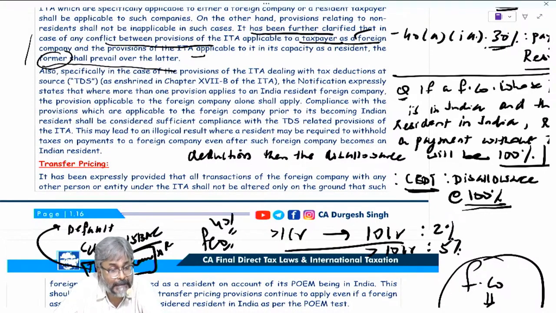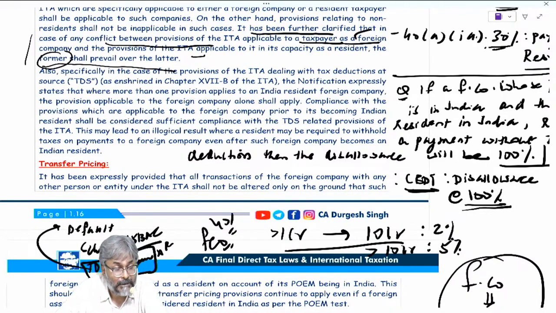So therefore, for the default scheme of 115BAC, the total income will be computed in this particular manner. Many provisions will not be available. In every head of income, we will not give the deduction, and on that basis, the income of every head will be computed.